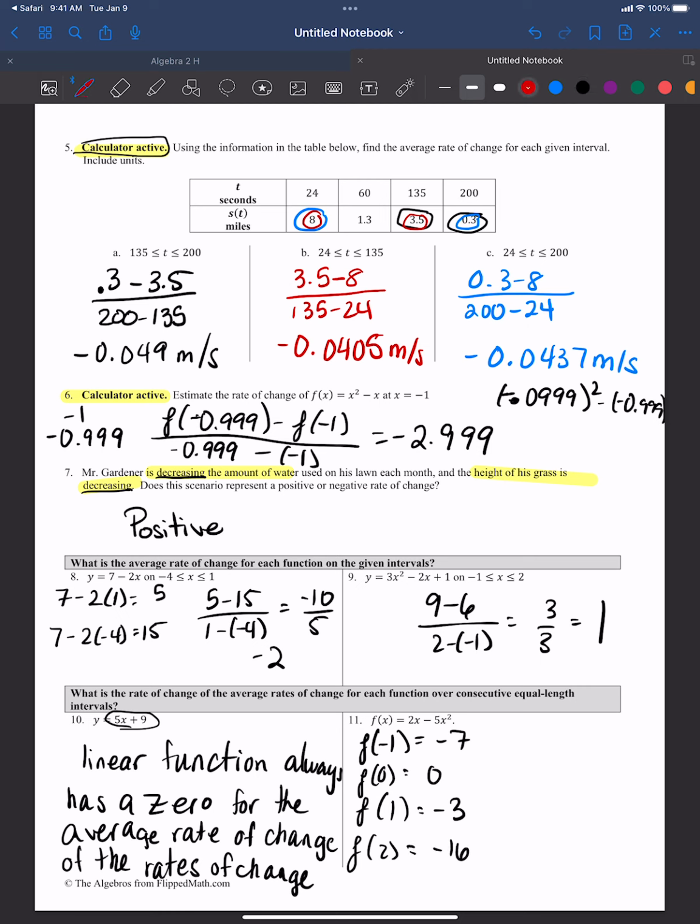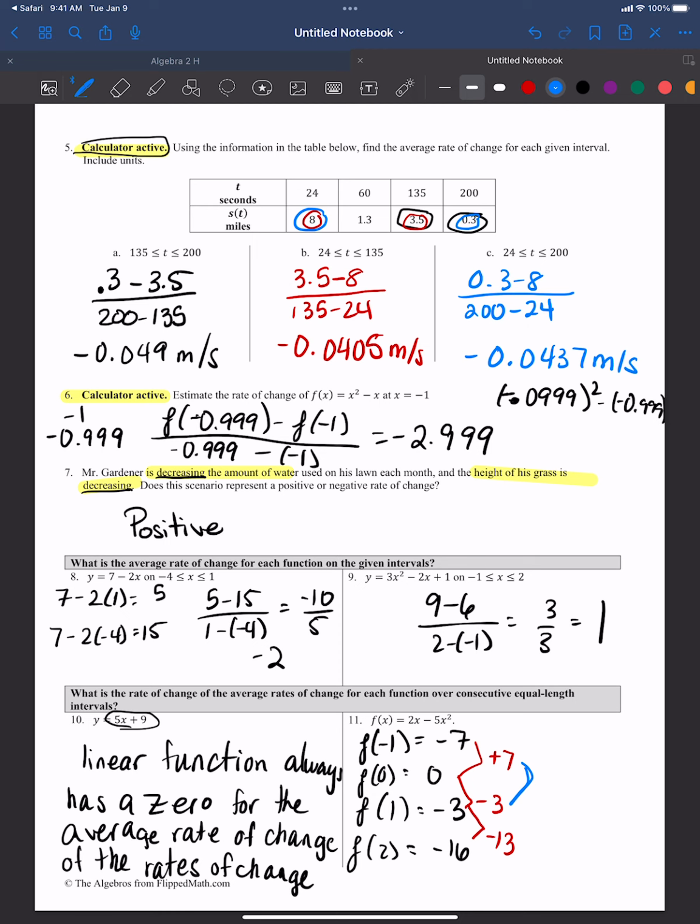So now I figure out my differences, right? From negative 7 to 0 is plus 7. From 0 to negative 3 is a negative 3. And then from negative 3 to negative 16 is a negative 13. So nothing's happening there, no constant value.